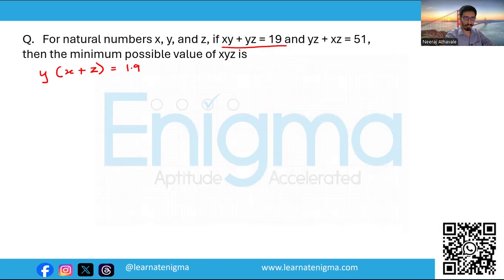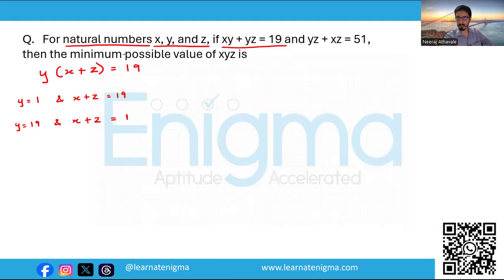Okay. Now 19 is a prime number and therefore there are only two possibilities. Either y is equal to 1 and x plus z is equal to 19, or y is equal to 19 and x plus z is equal to 1. Now it is given to us that x, y, and z are natural numbers.